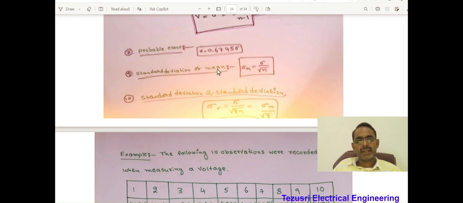Standard deviation of mean equals standard deviation by square root of number of samples. Standard deviation of standard deviation equals standard deviation by square root of 2 times the number of samples.